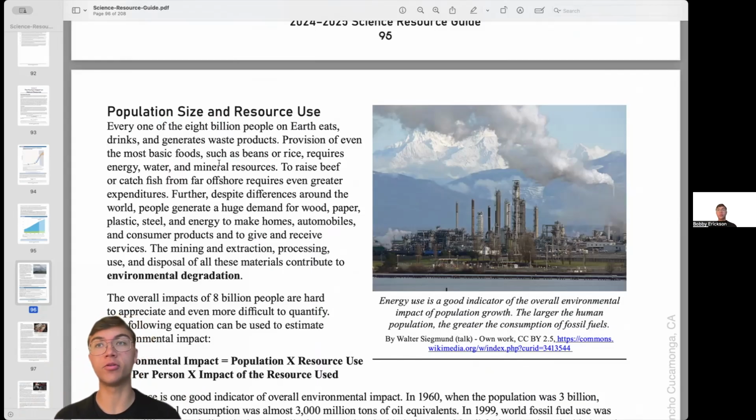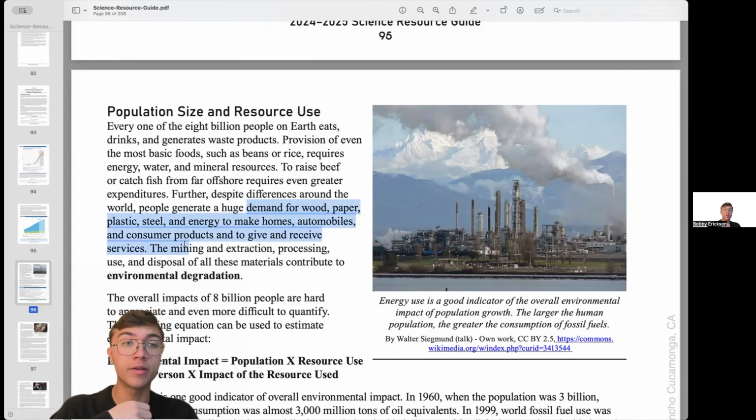It's not like we can all photosynthesize from the sun, which is another resource, but we don't get it directly. We need to take it from plants and animals in order to gain it for ourselves. Not just these necessities are present, but there's also a lot of demand for wood, paper, plastic, steel, and energy to make homes, automobiles, and consumer products, and to give and receive services.